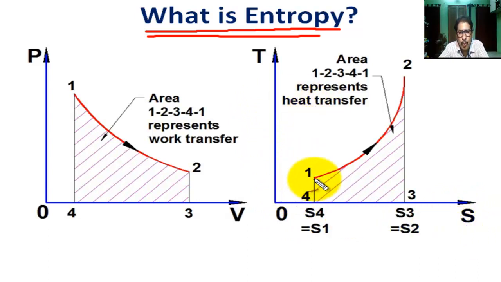Under the curve 1-2, the area 1, 2, 3, 4 represents the heat transfer. This area represents the heat transfer.